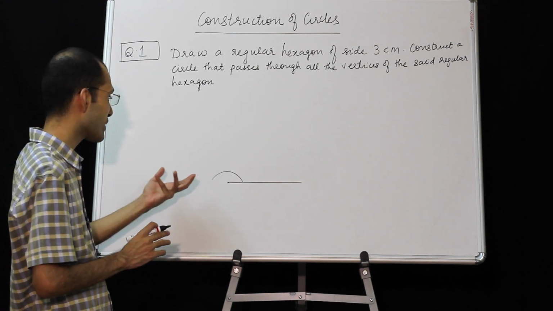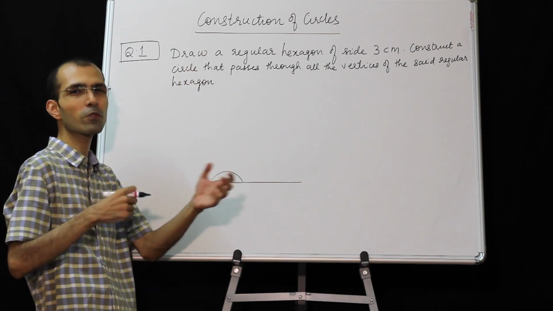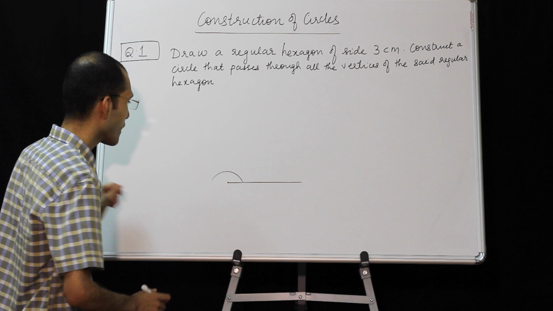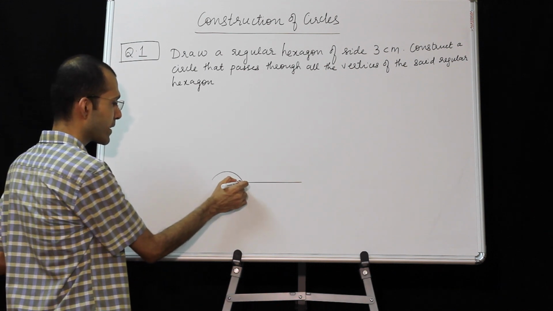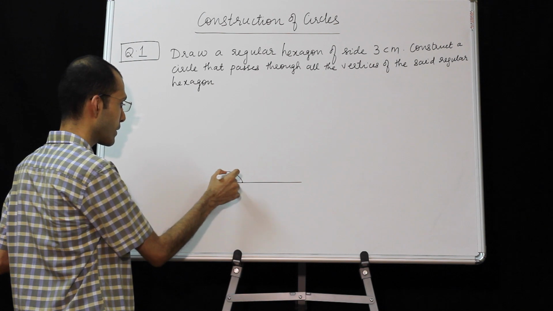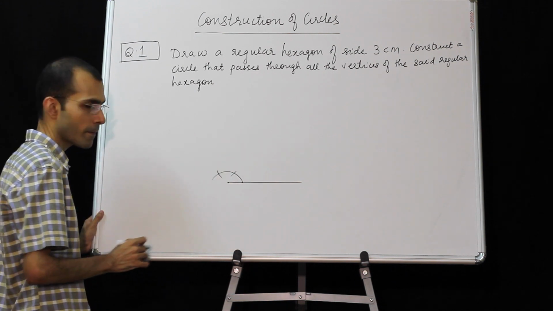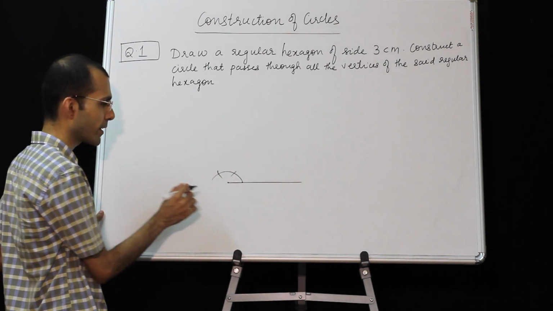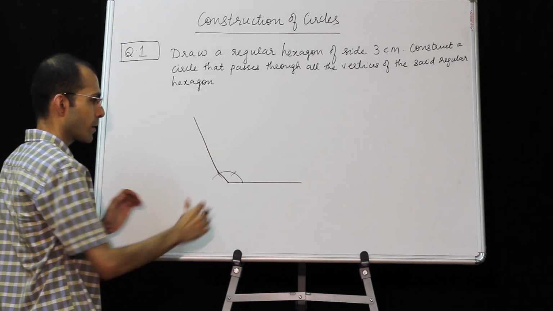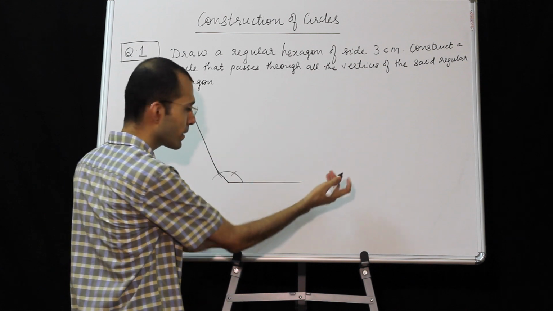See to it that your arcs are not too big or not too small, else there is too much overlapping and crowding. Then with this as the center, same previous settings of the compass, cut 60 and 120. Same procedure, repeat on this side.